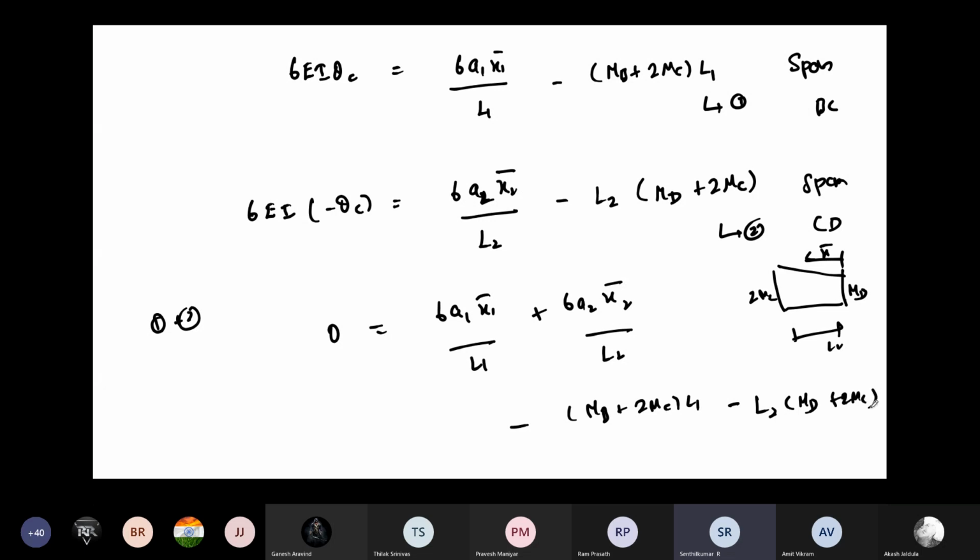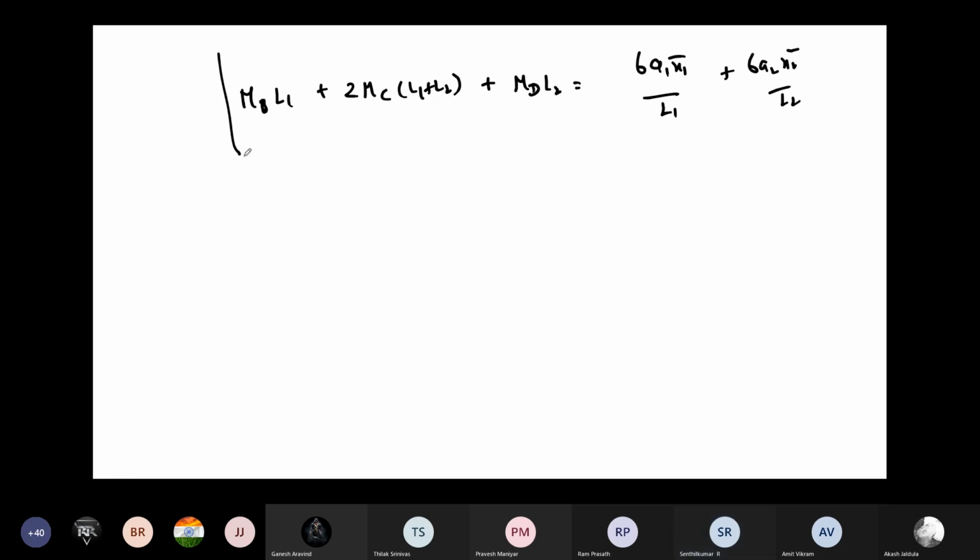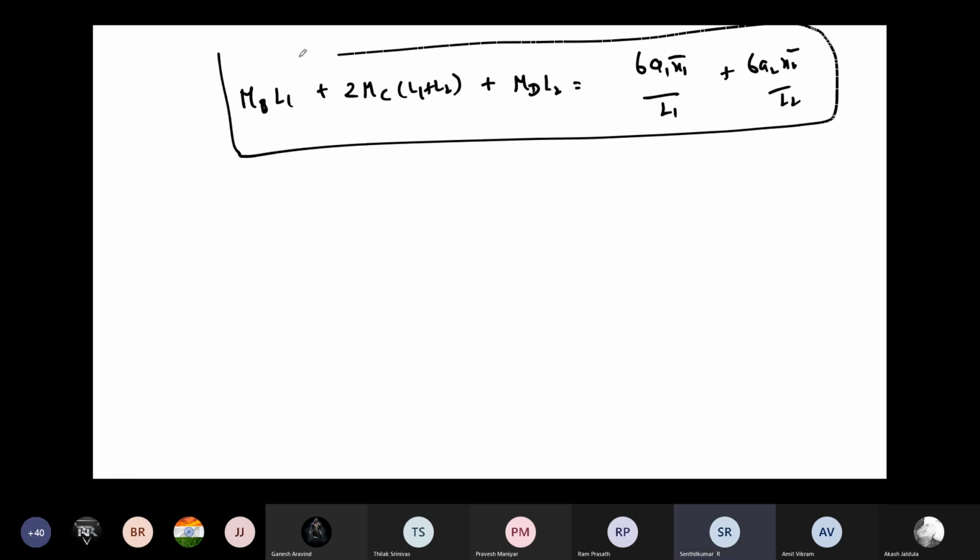So finally, when you are rewriting, your value will become MB into L1 plus 2MC (L1 plus L2) plus MD L2 equal to 6A1 X1 bar by L1 plus 6A2 X2 bar by L2. This is the equation you are getting.